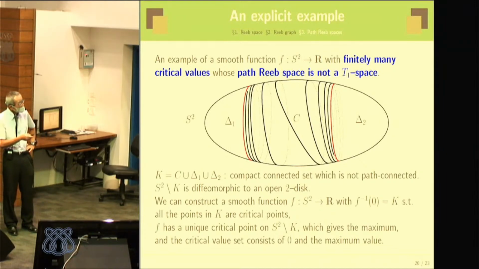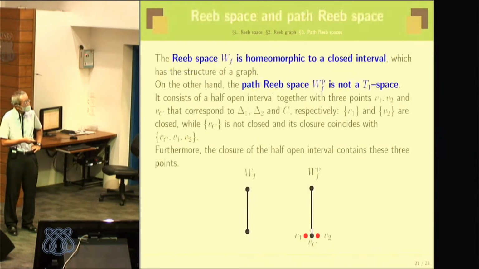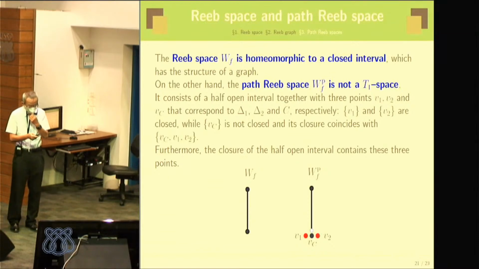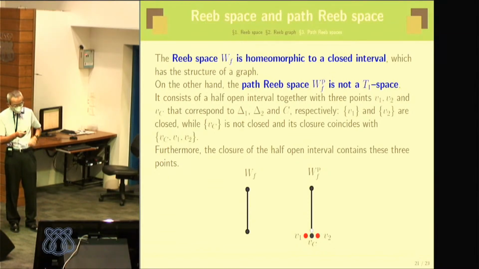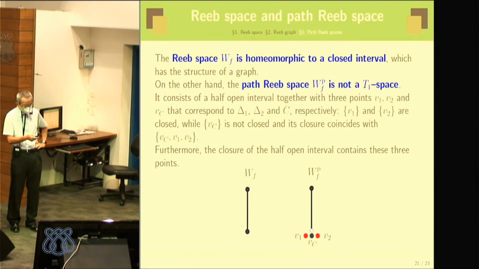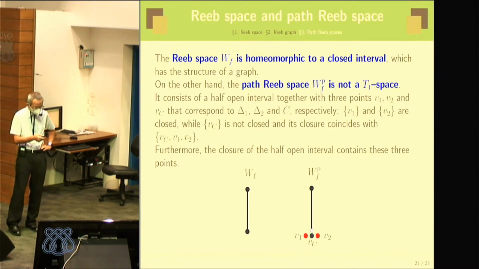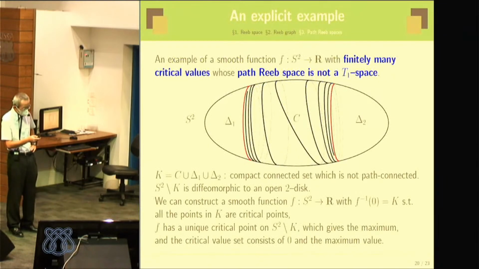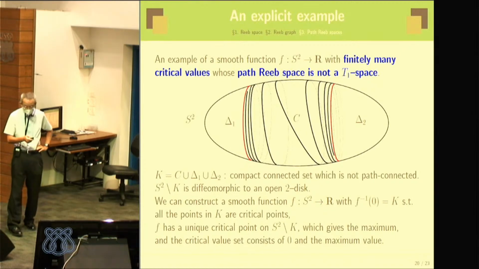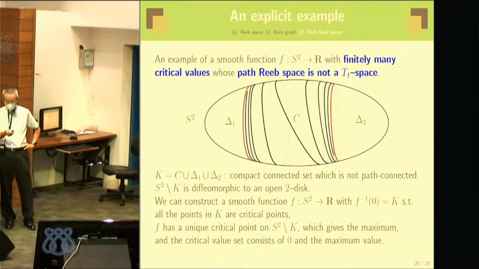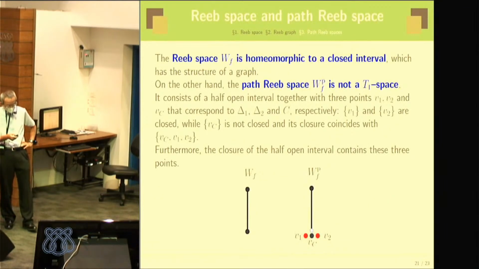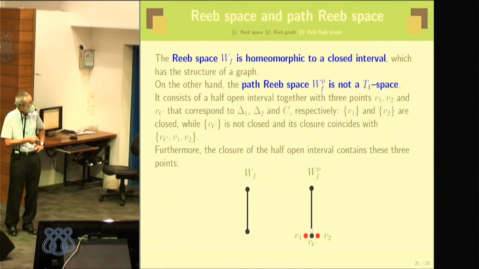And the result is a very complicated smooth function on S^2. But as you see, it has only two critical values, minimum and maximum. The minimum is 0 here, and the maximum is somewhere outside of C. And it is a smooth function whose Reeb space is just an interval.